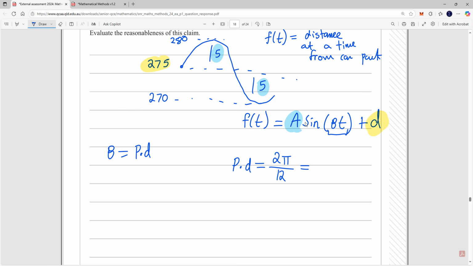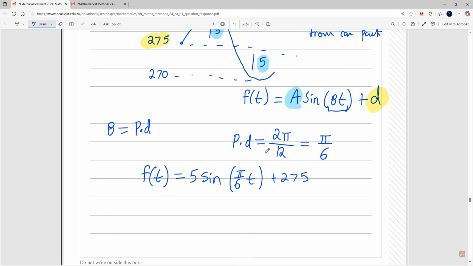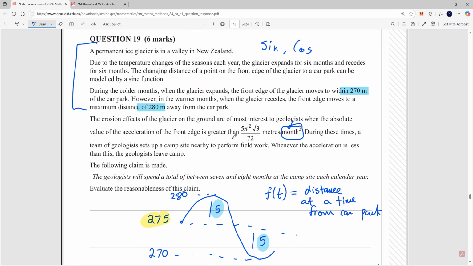So the period factor will have to be pi over 6. So this is what we know. The distance of the glacier at a moment in time is 5 sine pi over 6 t plus 275. What's good about this at the moment? Well, we've got an equation. It's a start, okay? So you've probably gotten a couple marks here, okay?